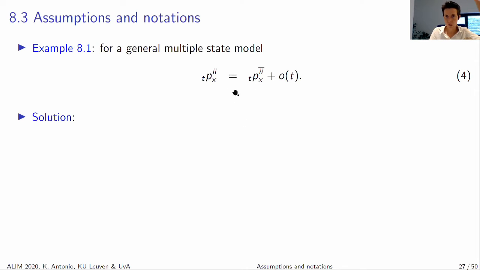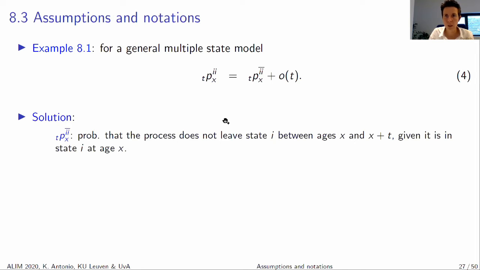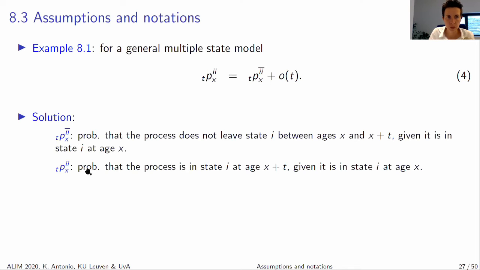So why can we say that they are up to a term little o of t the same? Let's think about these probabilities and about the differences in events that they represent. We explained what this occupancy probability is. We explained what the other probability is about.